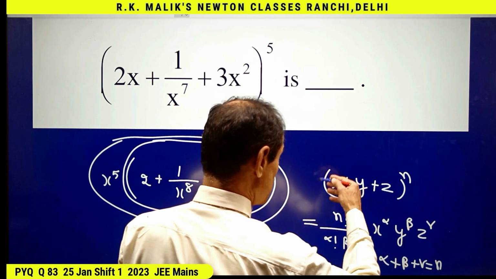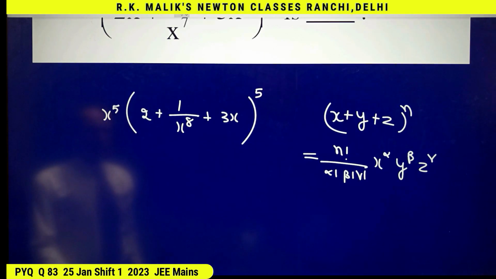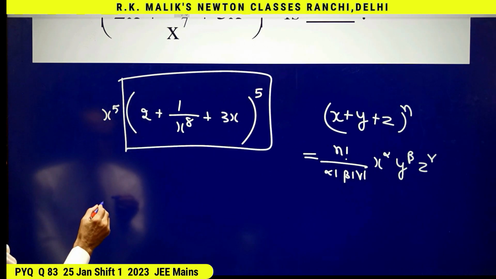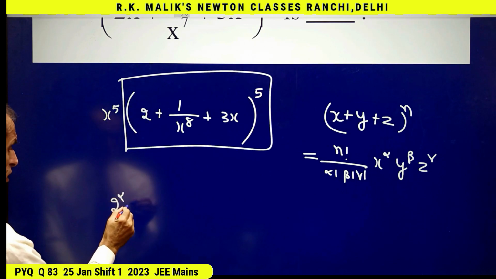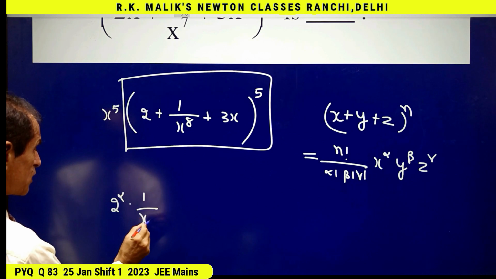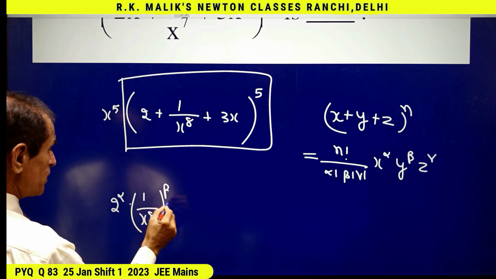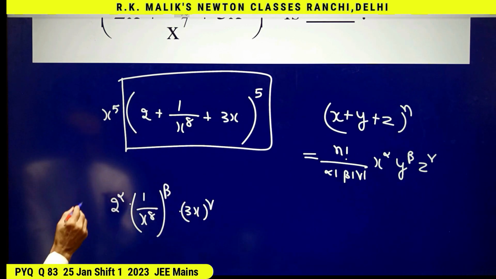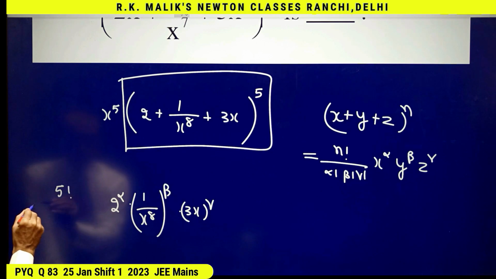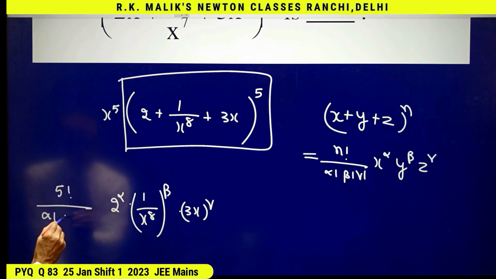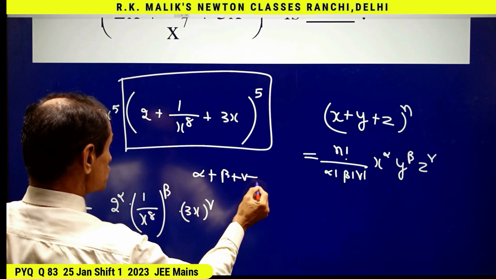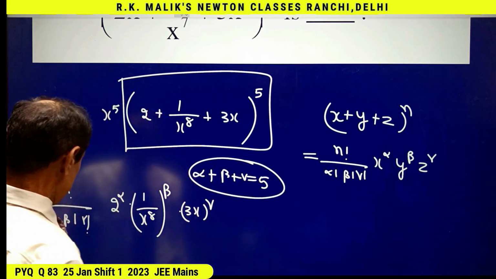This is the general term in the expansion of this, and therefore the general term in the expansion of this will be 2 to the power alpha into (1/x^8) whole to the power beta, (3x) to the power gamma, and the coefficient of this will be 5 factorial by alpha factorial, beta factorial, gamma factorial, and alpha plus beta plus gamma is sure to be 5.